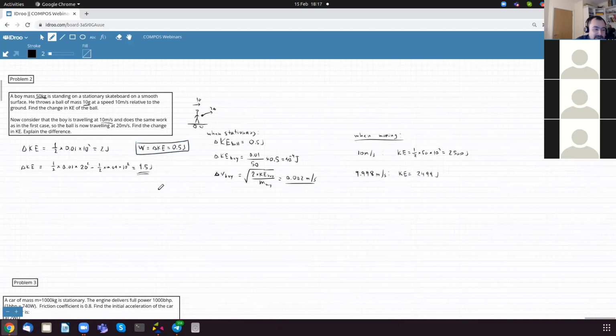So energy is conserved. The boy did not do more work. Well, I mean, the boy kind of did more work because his body is already moving, and when he's throwing it, the moving body does some work.